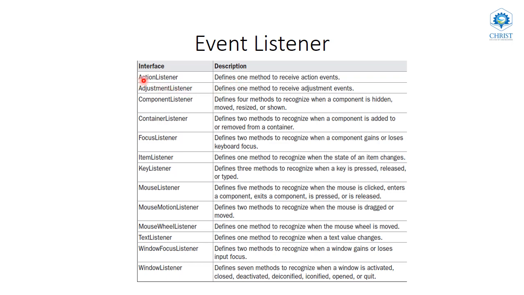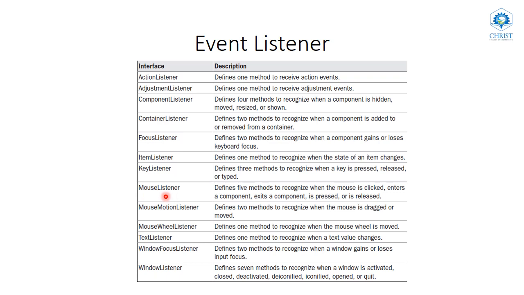All these names were there in the event classes also. We had action event, adjustment event, component event, item event, key event, mouse event. So we can see the relation between them. All the action events will be dealt with by the ActionListener interface. All the adjustment events will be dealt with by the AdjustmentListener interface. All the mouse events will be dealt with by the MouseListener.